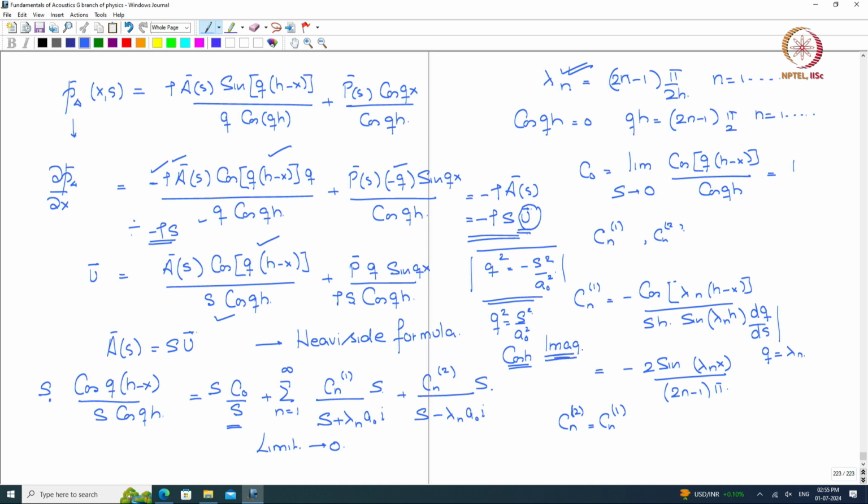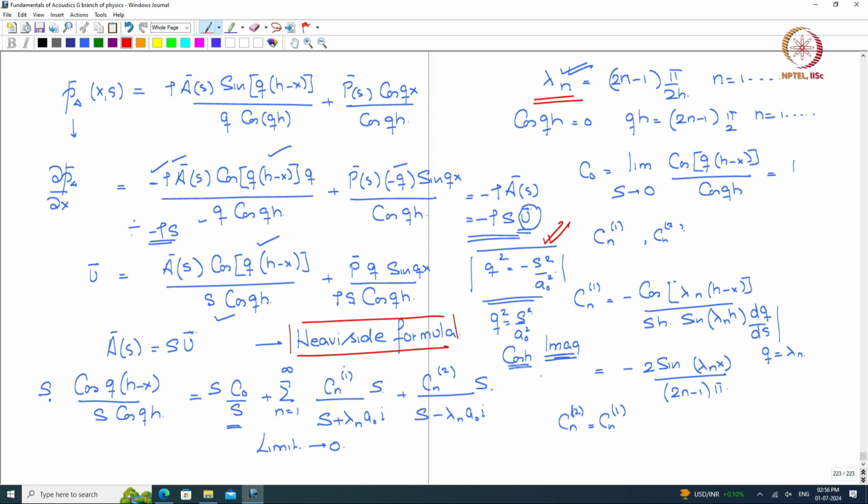But here, by specifically choosing q square is equal to minus s square over a0 square, you set it up so that now the roots are on the real axis. Once they are on the real axis, you can use this Heaviside formula for partial fractions and then invert.